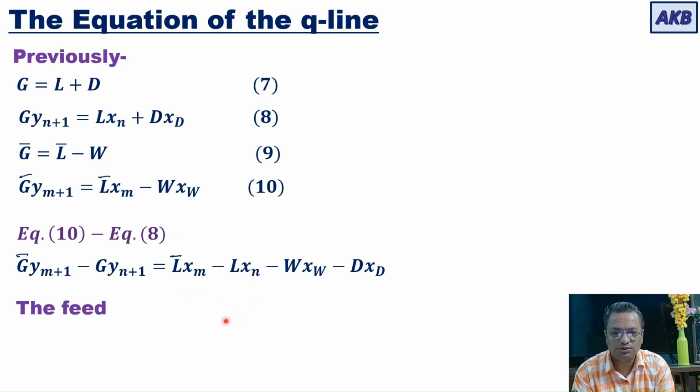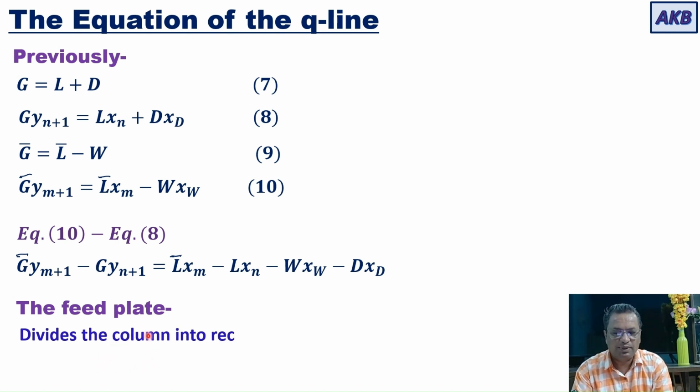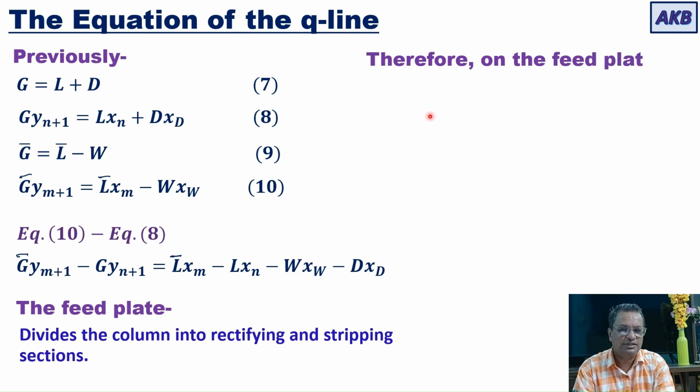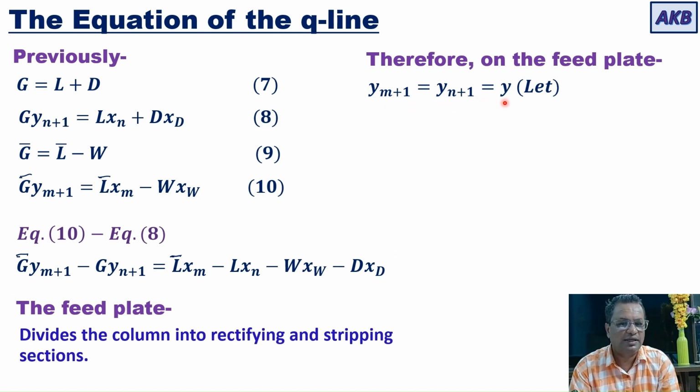Now let us do some rearrangement. On the feed plate, what happens? Since the feed plate divides a column into rectifying and stripping sections, on the feed plate there will be no such m plus 1 subscript. So it will be simply the mole fraction of the more volatile component in the vapor phase. Let us denote it as y. And you have Xm is equal to Xn.